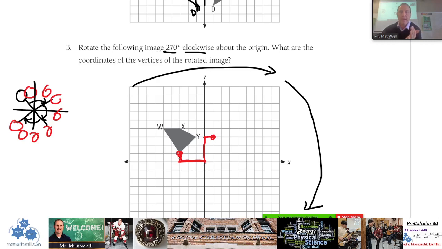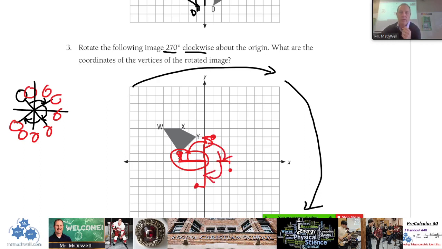And then I'm going to move that down 3 units and then over, and so on. So we're going to have this thing move once this way, twice this way, 3 times this way. That's a total of 270.